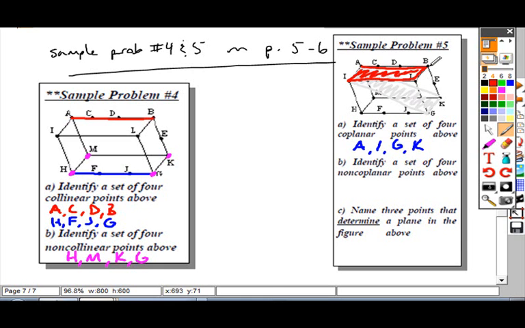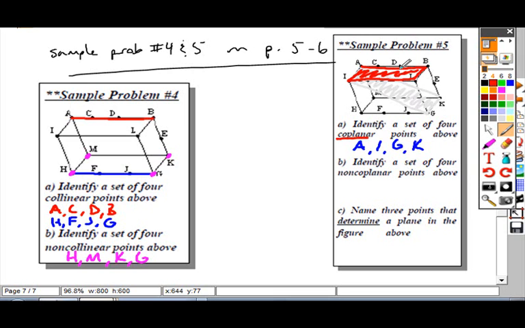You could also think of it being contained in B, K, M, A. So there's multiple planes that contain those. They'd still be considered coplanar. Now, the distinction is they wouldn't be able to determine a plane because they're in a straight line. But any number of points in a straight line will always be coplanar. Okay.